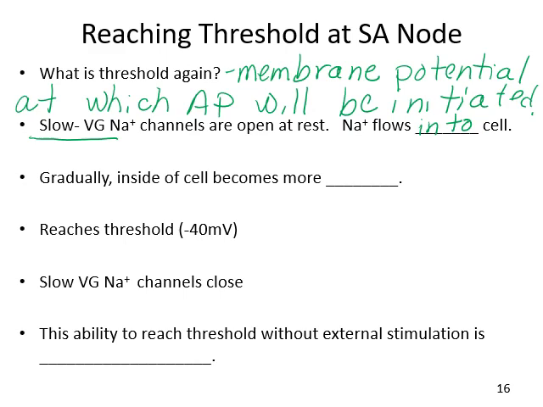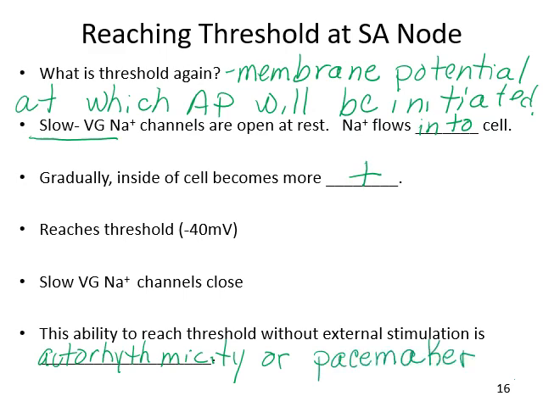So gradually, the inside of the cell gets more positive as all those positive sodiums move in until it reaches threshold. Now we know that when a charge changes, voltage-gated channels change. And so those sodium channels close. Again, this ability to reach threshold without that external stimulation is called autorhythmicity, or we can also use the term pacemaker potential.